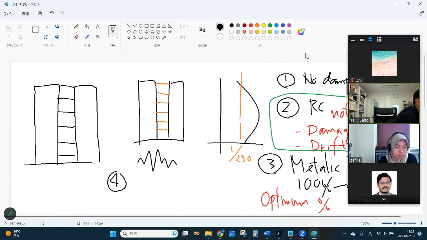4. Only big damper. You also select 100% to 20%.